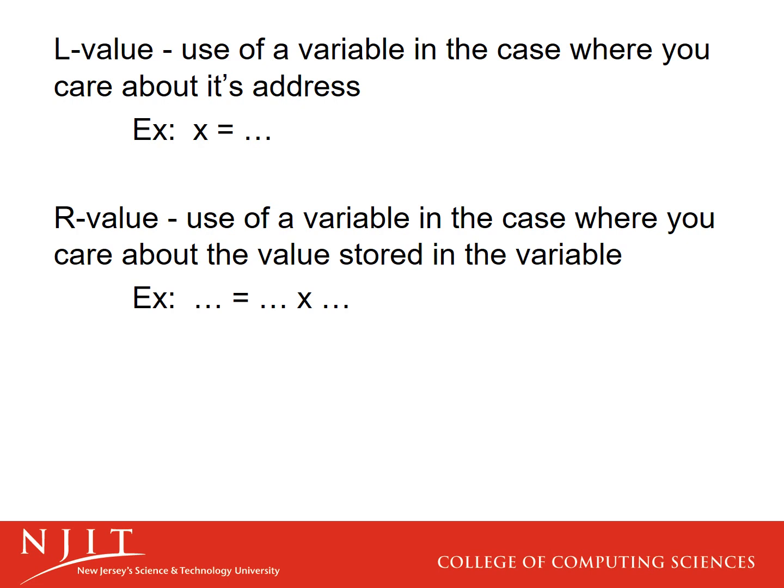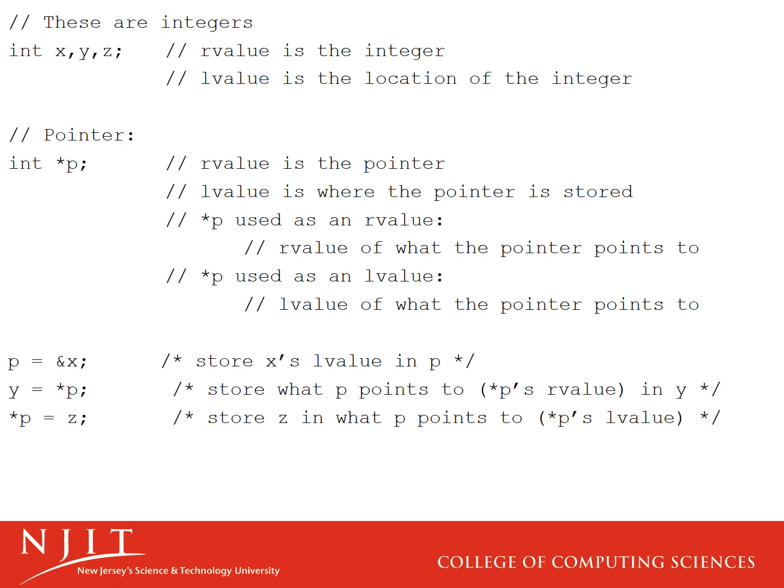Assigning to a variable binds the value to the variable by storing something in the L value. Using the value that's been bound to a variable, we're using the variable's R value. So I've tried to lay all this out in this slide here.